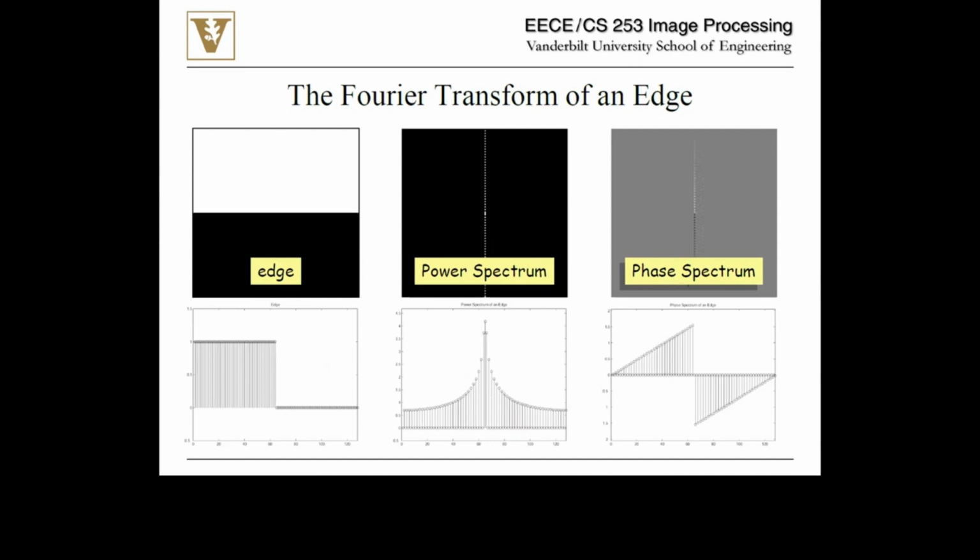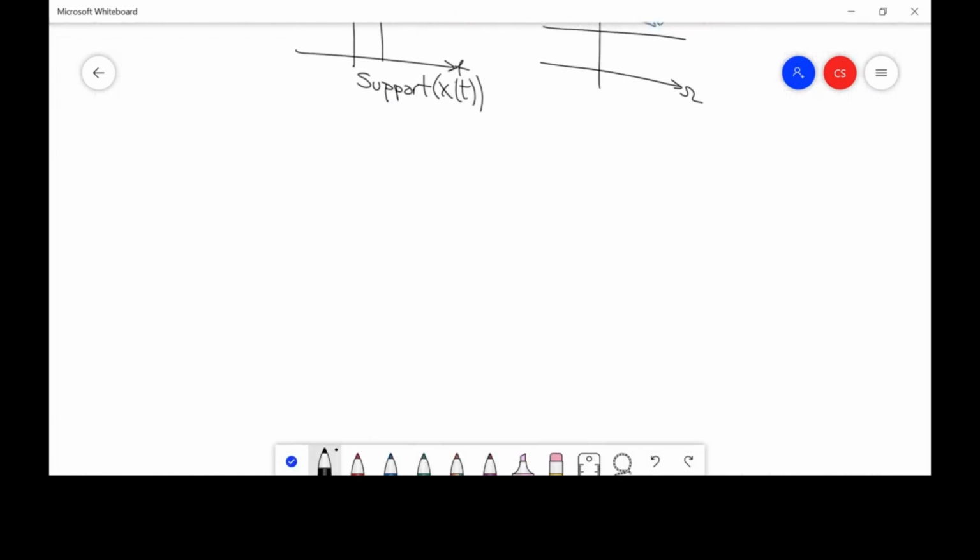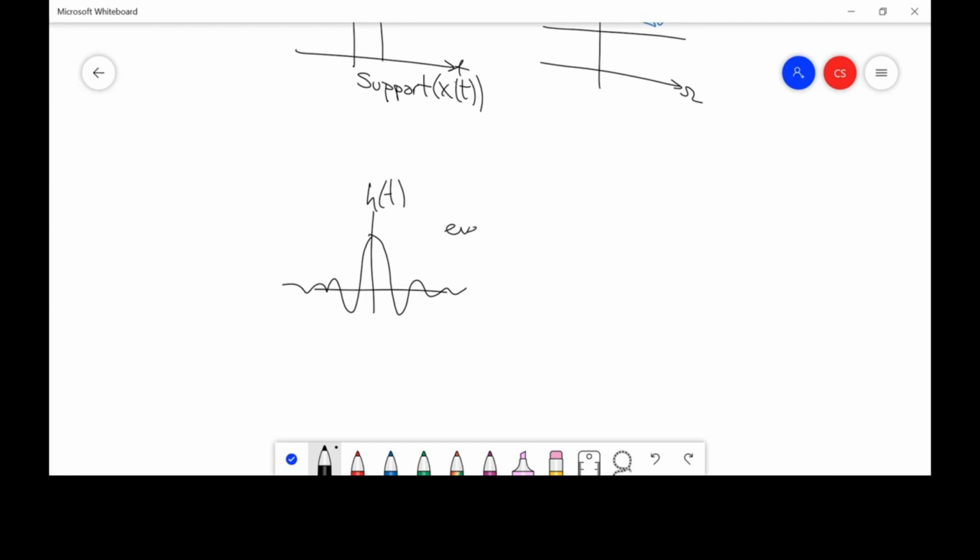Okay, so let's see. It has some kind of symmetry, and there are two kinds of symmetry. Let's say that we have an impulse response h of t. One is this one. Let's say that this is our impulse response, and this is even symmetric. The property of this even symmetry is that h of t is equal to h of minus t.